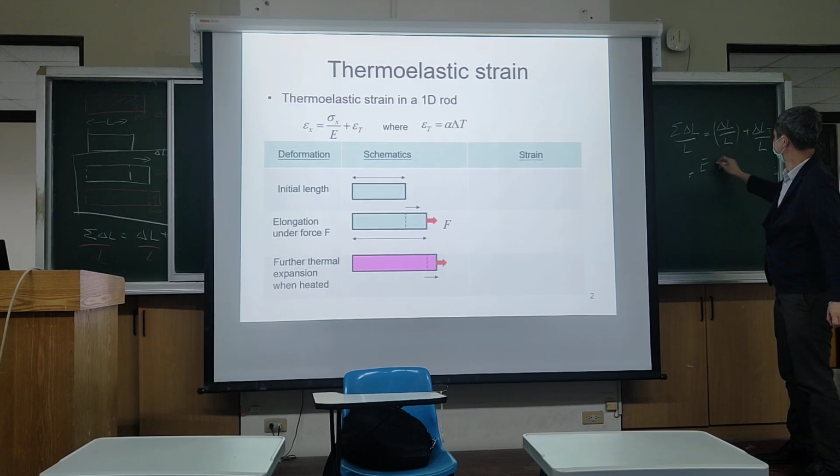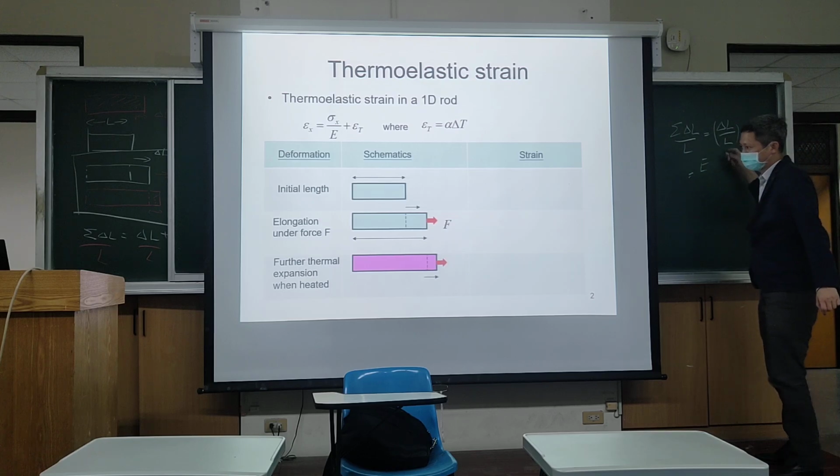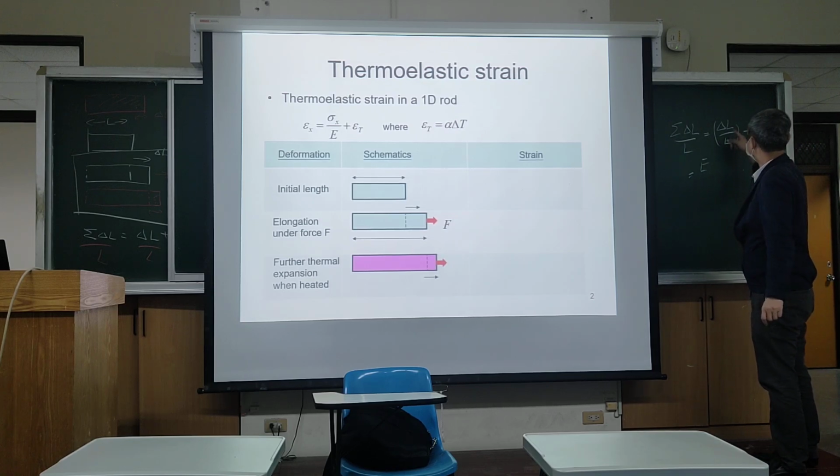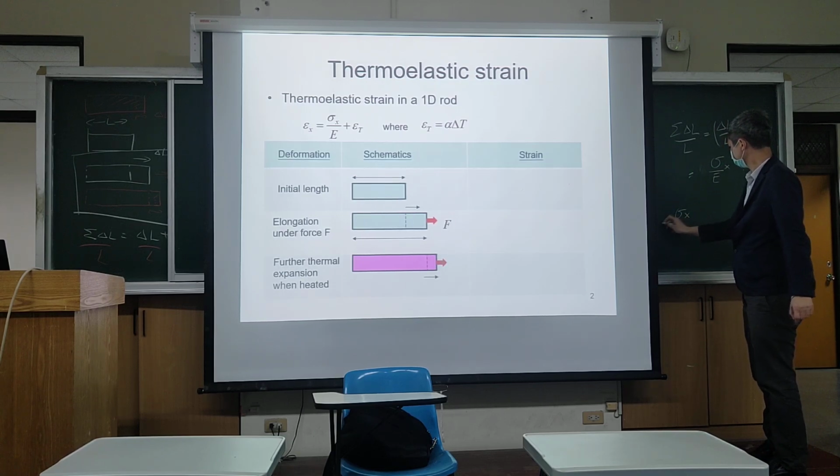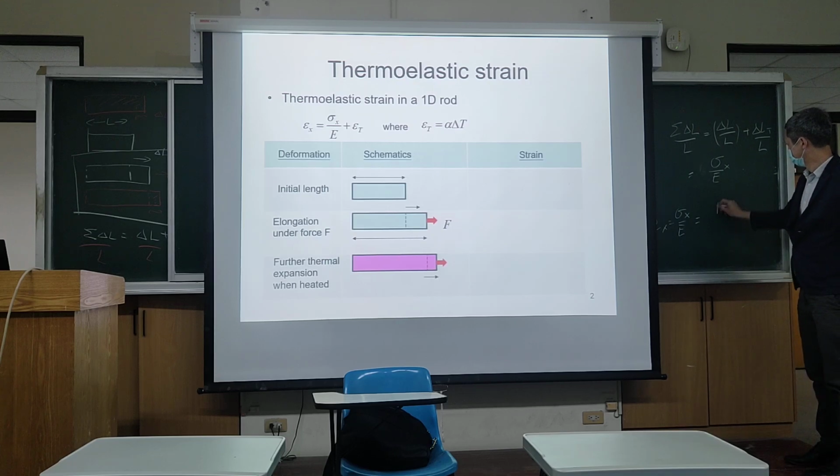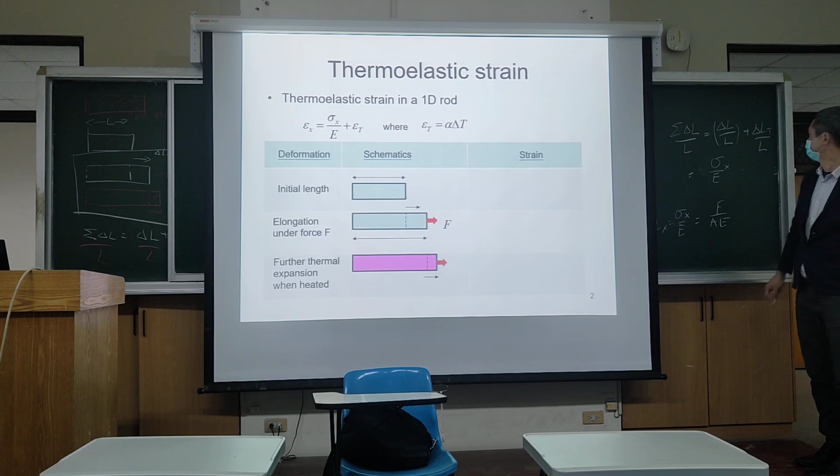E A. Okay, this is the strain. Okay, and this is caused by the pulling force. Okay. If it's for simple rod, you can write this. This is basically F over A, and then divided by E. And then the other one is the thermally induced elongation.